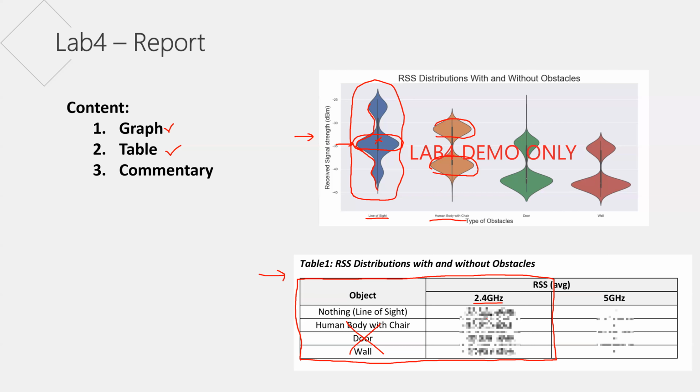Then you should get some value. And if you are able to create a 5 gigahertz hotspot, then you can add another column here. Then write down the average value of it. Does that make sense? And the commentary, I have nothing to say about it. Just write down your observation.